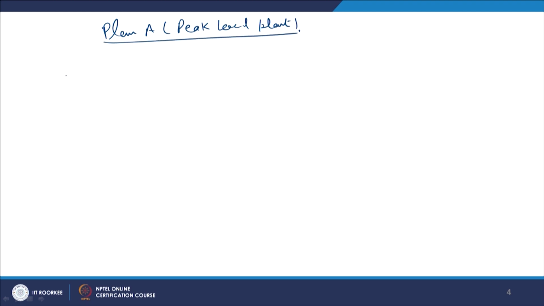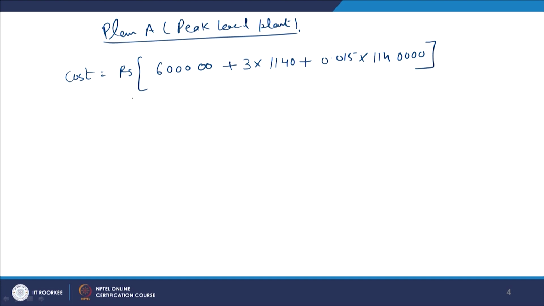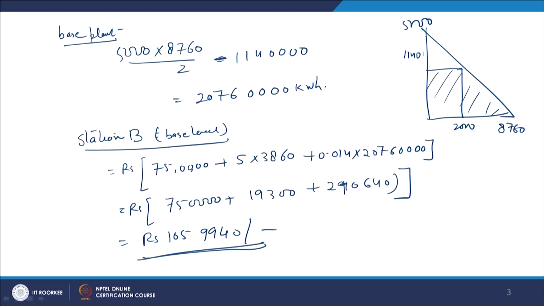For the peak load plant, the cost is rupees, plus 3 into the maximum power generation capacity, that is 1140, plus 0.015 into 114, and that is going to be equal to rupees 620,520, right. And for the base load plant it was 105,9940, right.